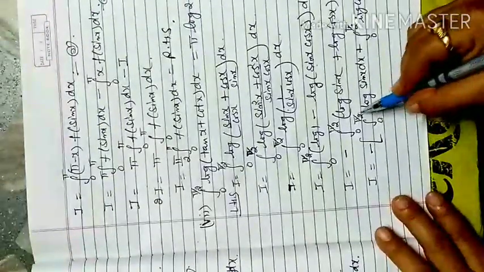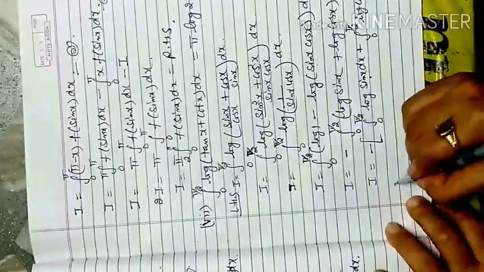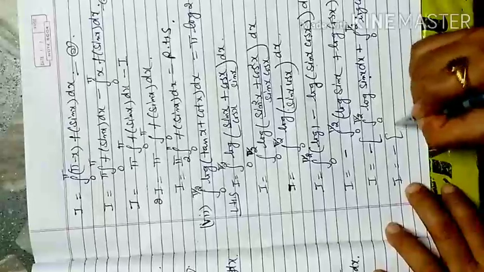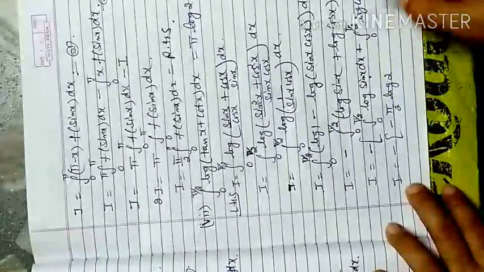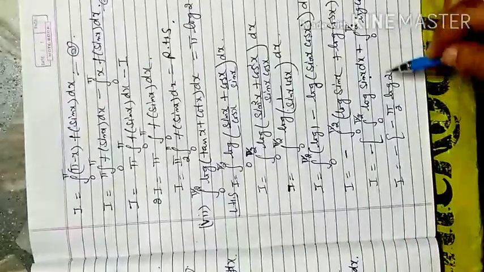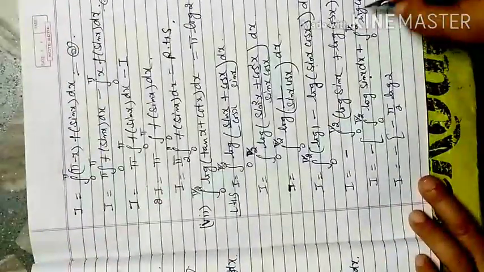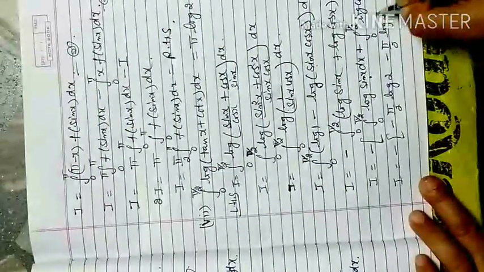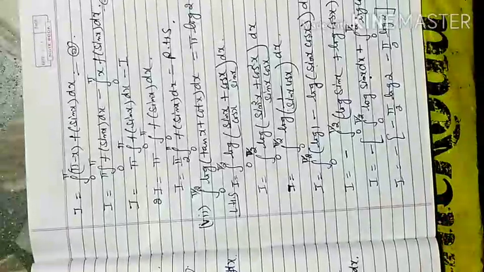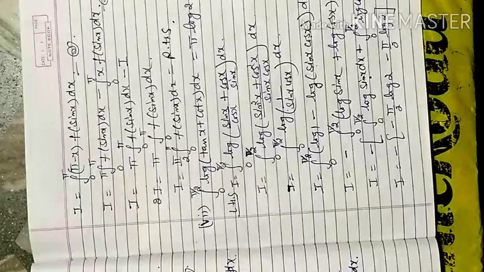So integral 0 to pi by 2 log sin x is minus pi by 2 log 2. And the same formula holds for log cos x, because both conditions are the same when you solve this. So this is also equal to minus pi by 2 log 2, that we already proved in our formula list. So we can directly apply it here.